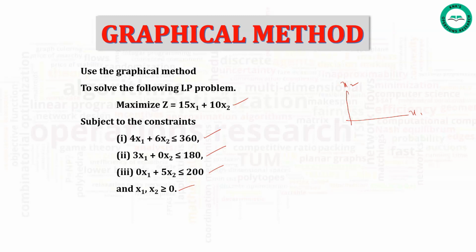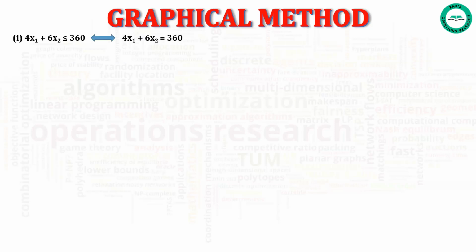Consider the first constraint, 4x1 + 6x2 ≤ 360. Now treat this as the equation 4x1 + 6x2 = 360. For this, find any 2 points that satisfy the equation and then draw a straight line through them.